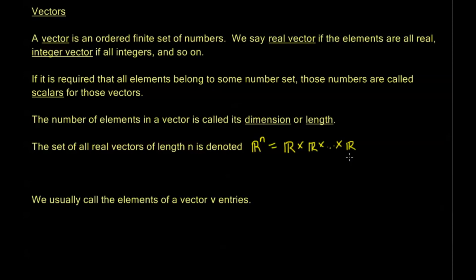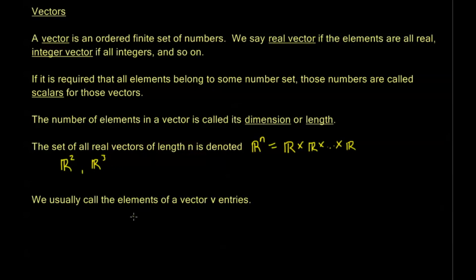So you can think of these vectors as n-tuples, ordered sets of n elements. We have a couple of these that we're familiar with. R squared is our typical Euclidean plane that we graph on. R cubed is all of the real points in 3 dimensions, and so on.